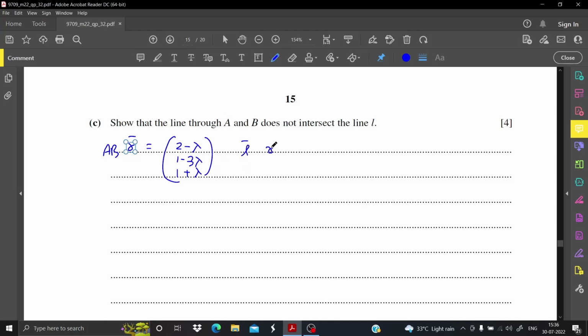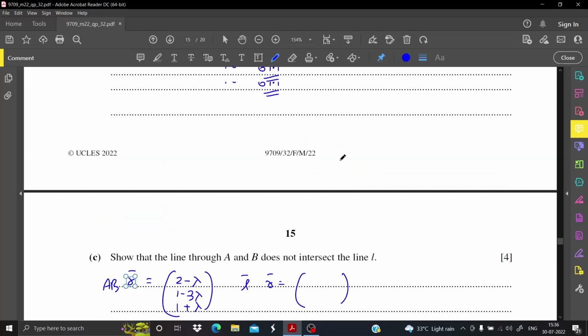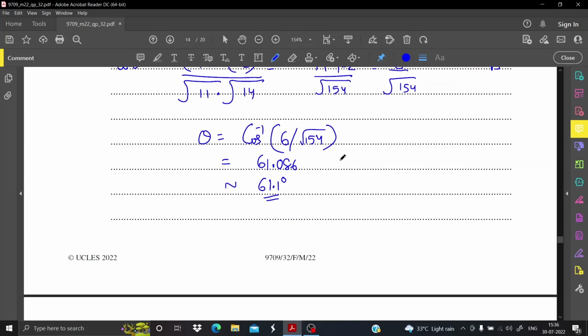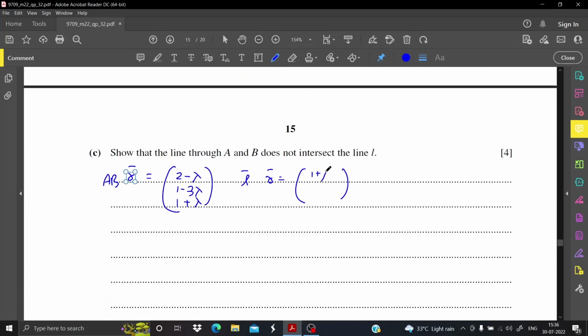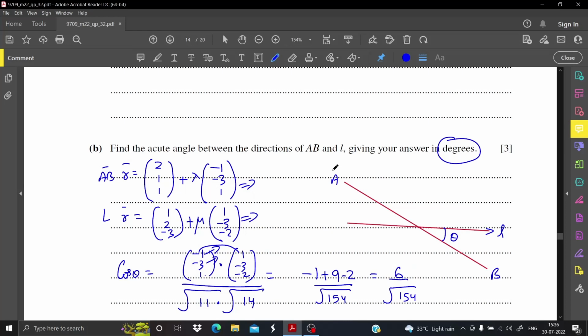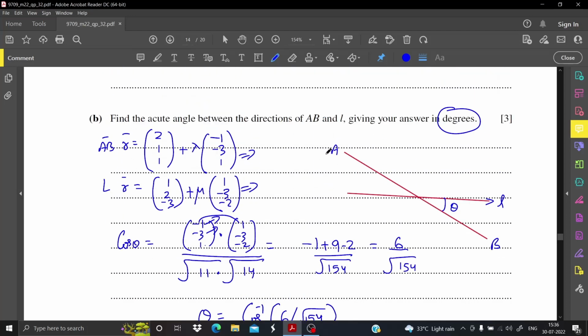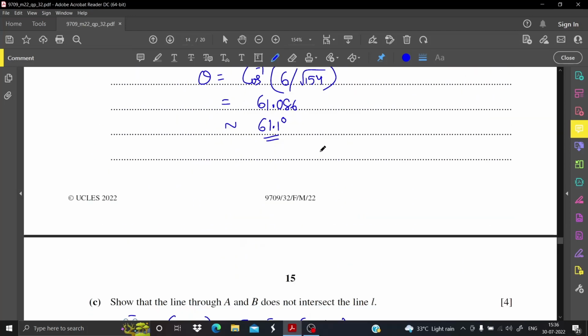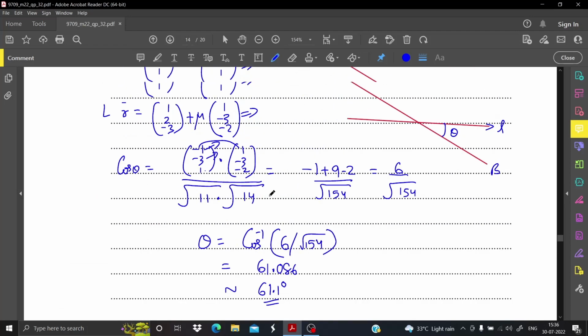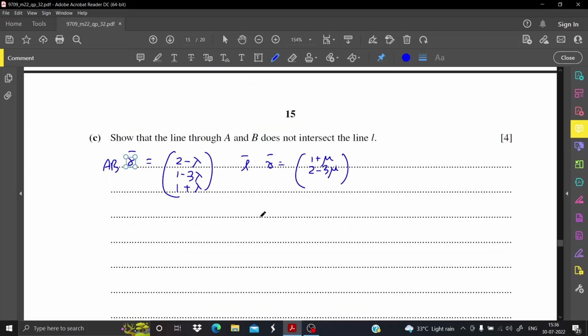And the line L, r bar is (1 plus mu, 2 minus 3 mu, and minus 3 minus 2 mu).